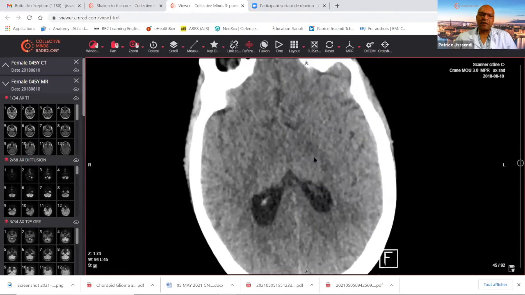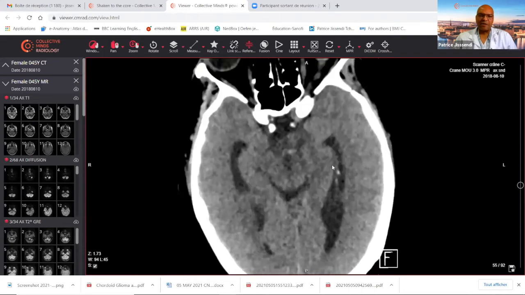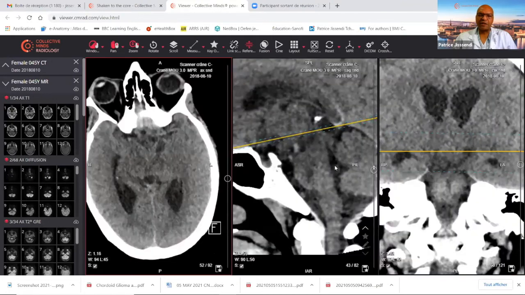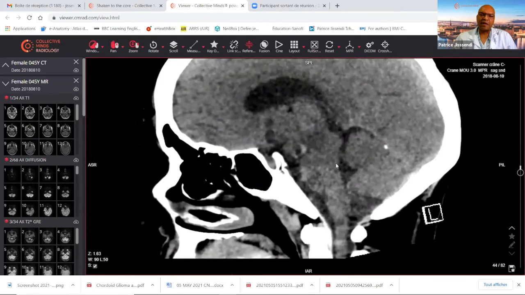There are various densities within the mass, with a hypodense, cyst-like area at the anterior and left part of the mass. But you can see that there is no obvious calcification within the mass. And here on the sagittal plane, you can see again this hyperdense area.